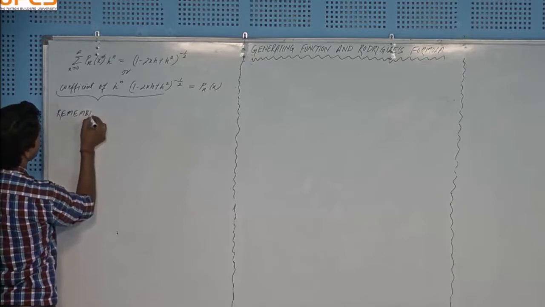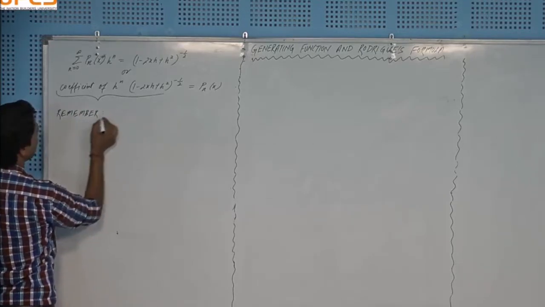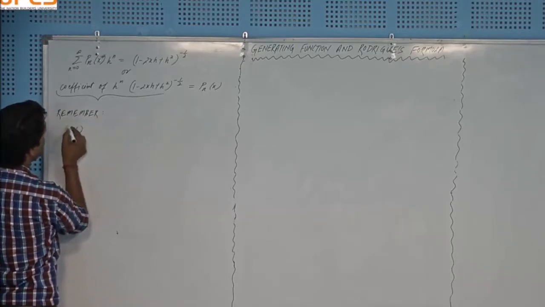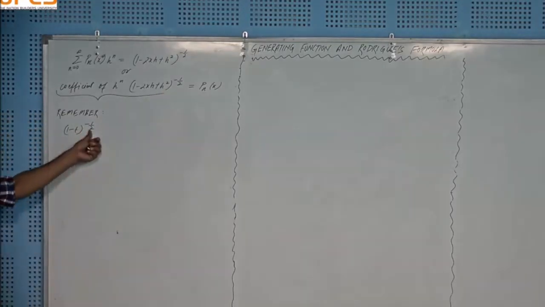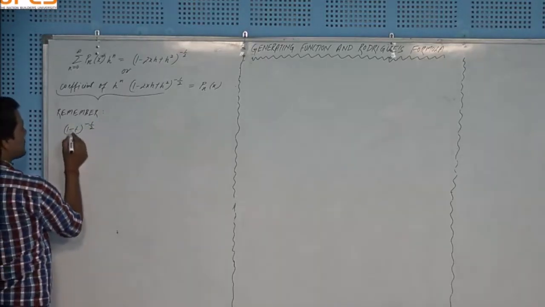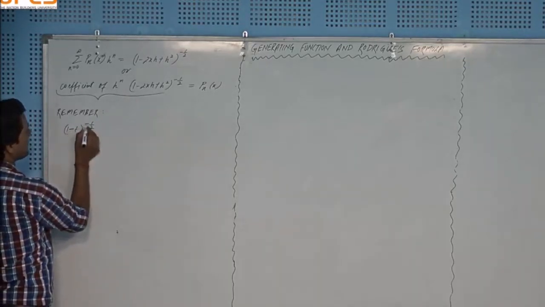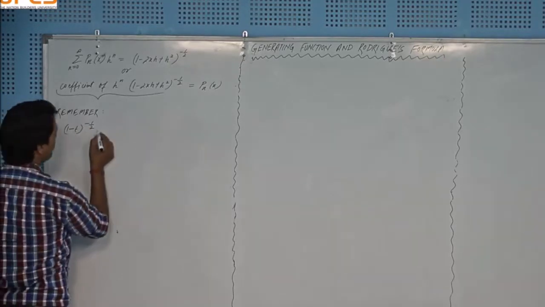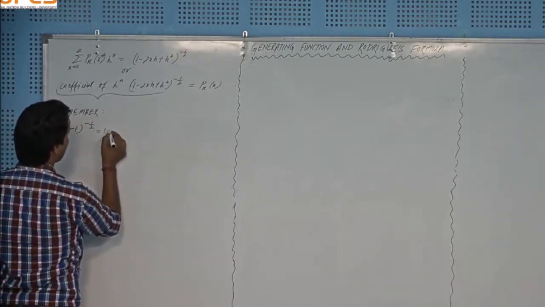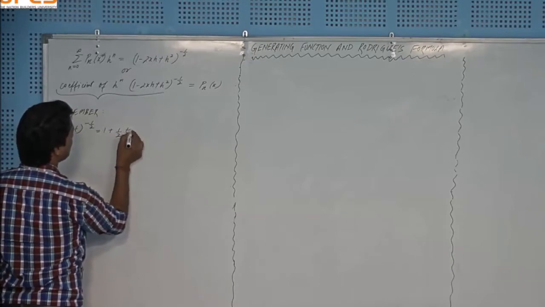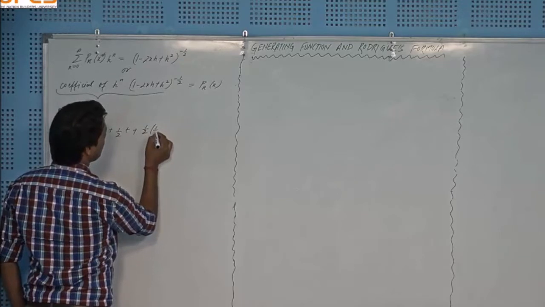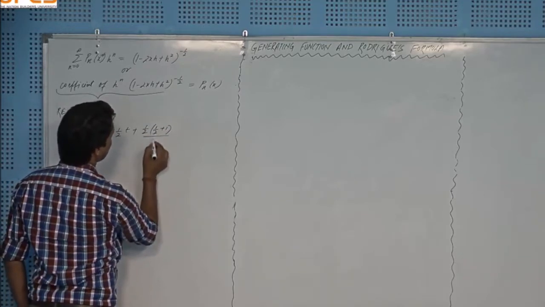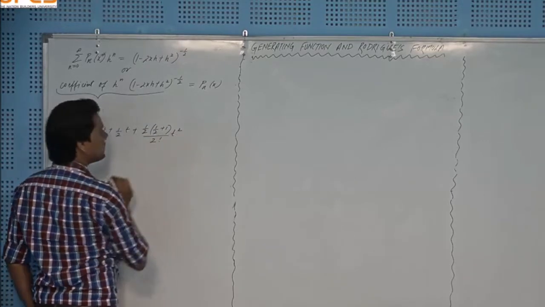Remember: (1 minus t) whole to the power minus half. Since here we have minus half, I am writing the formula for minus half, and I am taking the negative sign inside, right? Since the sign is negative inside the bracket and the exponent is also negative, all terms are positive. 1 plus 1 by 2 t, then 1 by 2 into (1 by 2 plus 1) over 2 factorial t square, right?